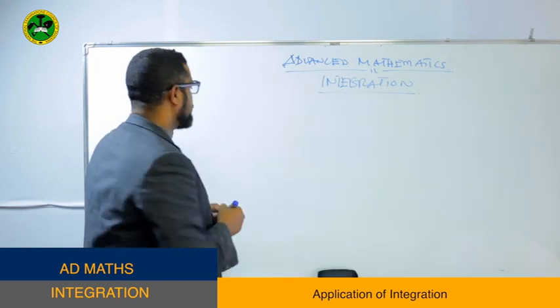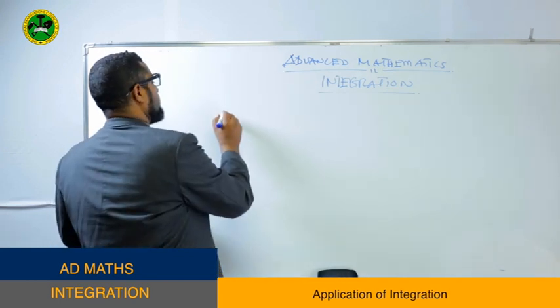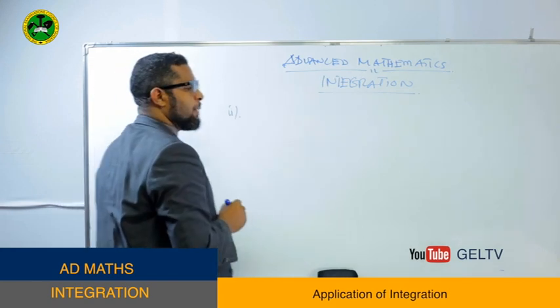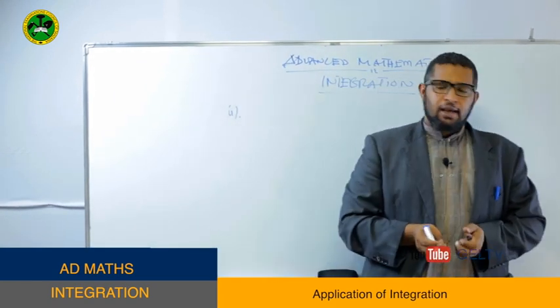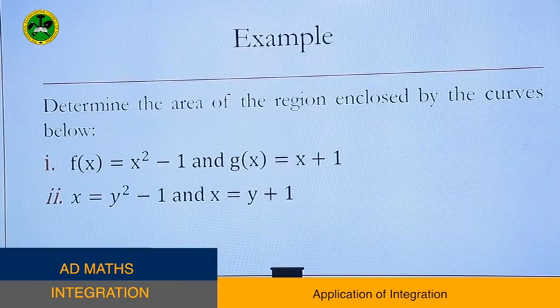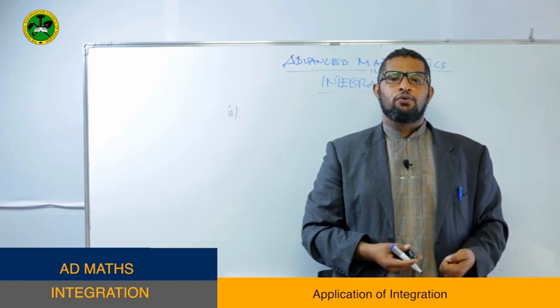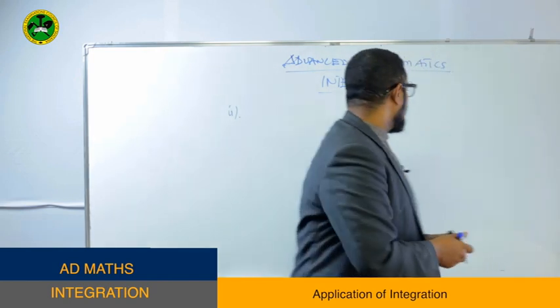Now, example number 2. Roman number 2. We are given x equal to y squared minus 1 and x equal to y plus 1. So this one, the function is defined in terms of y.